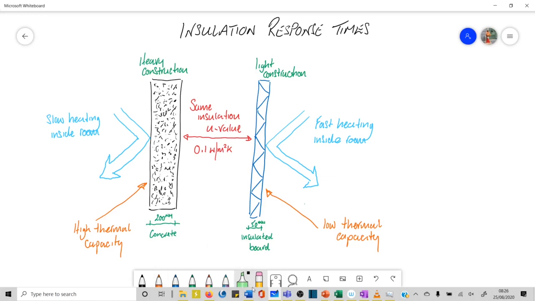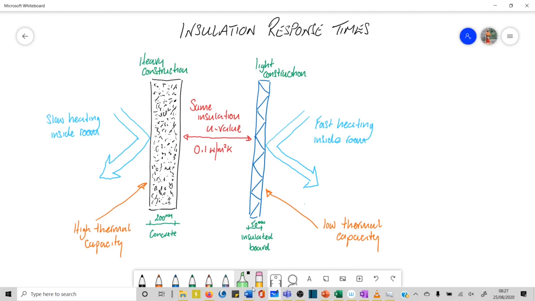Okay. So what we can see here is that this is 200 mil thick. So we can see 200 mil solid concrete, and it has a U value of 0.1 watts per meter squared Kelvin.